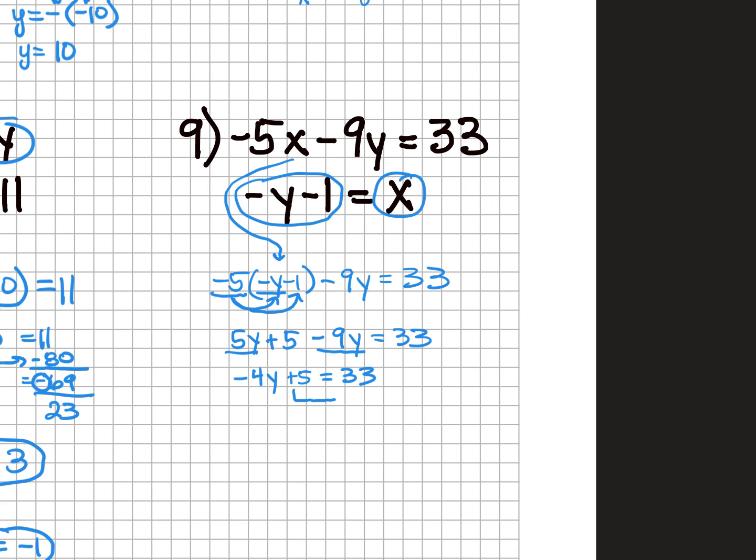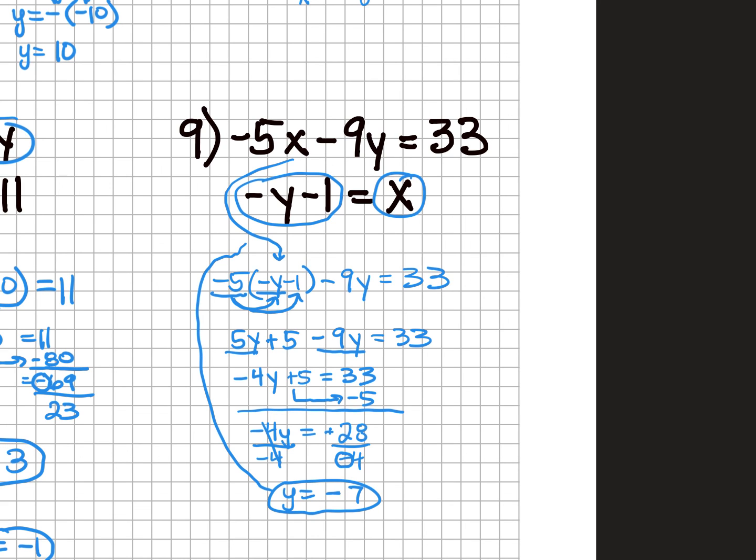I'm going to move the 5 over and make it negative 5. Let's see, negative 4y equals positive 28. Divide by negative 4. Y equals 28 divided by 4 is 7, and I see this one negative in there. One negative makes this negative. Y equals negative 7. I'm going to use that to write here.